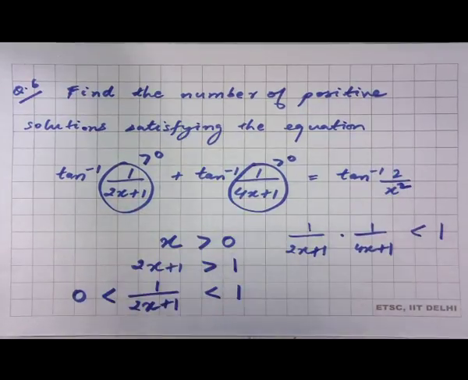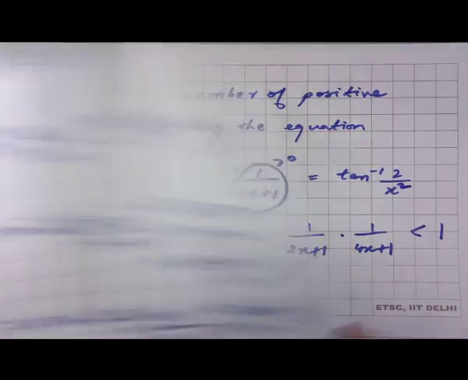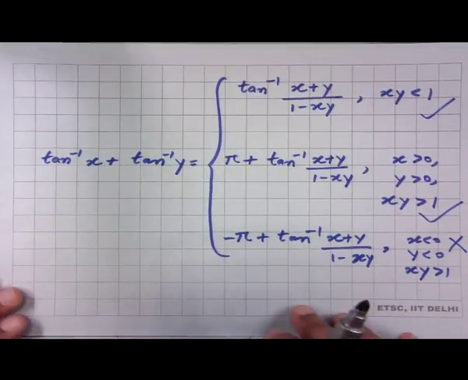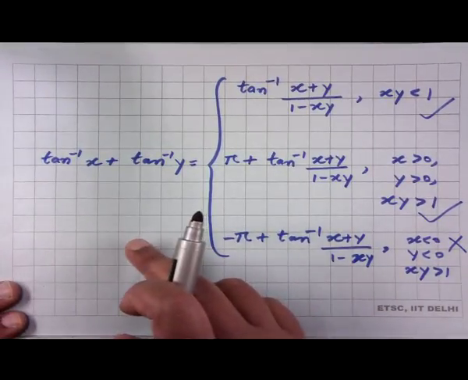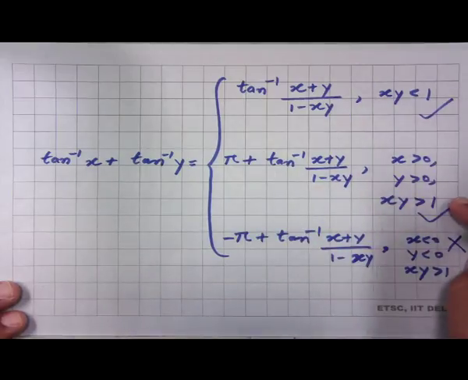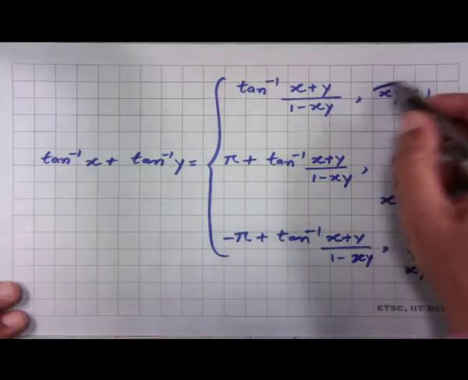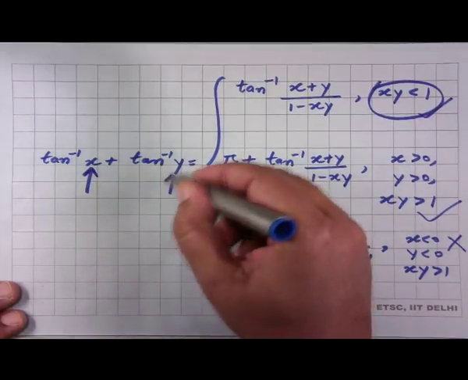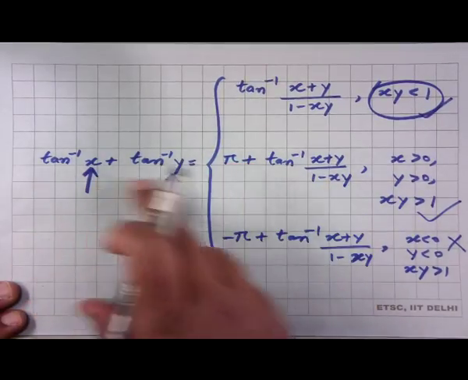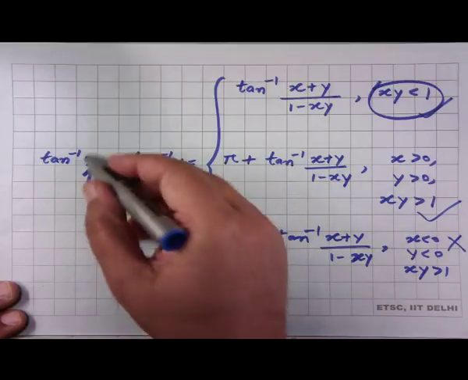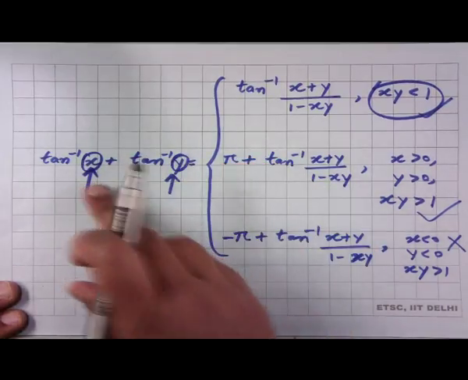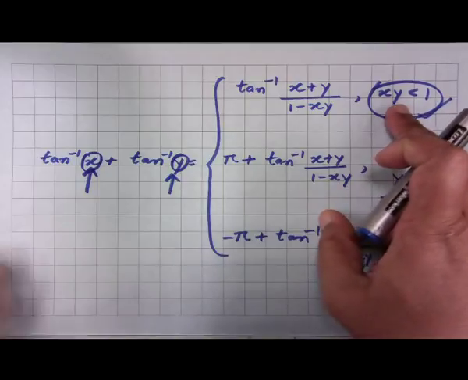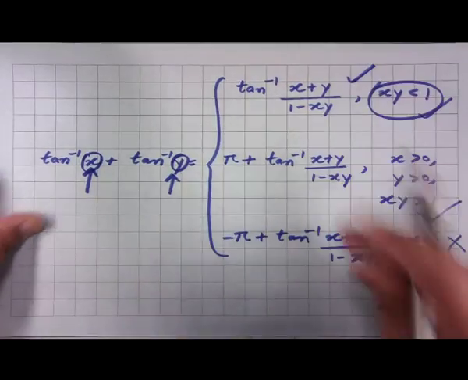And therefore, if we come back to our formula, we see that out of these two cases, the case which applies is xy less than 1, where the product of the two arguments of tan inverse x plus tan inverse y, so the arguments are x and y, if the product xy is less than 1, then this first case is applicable.